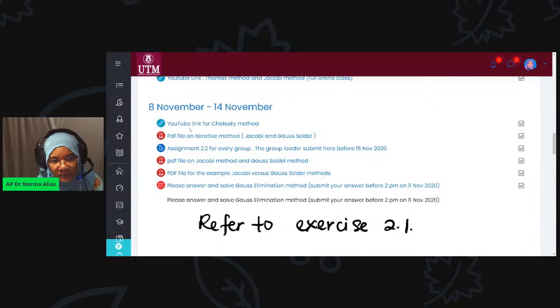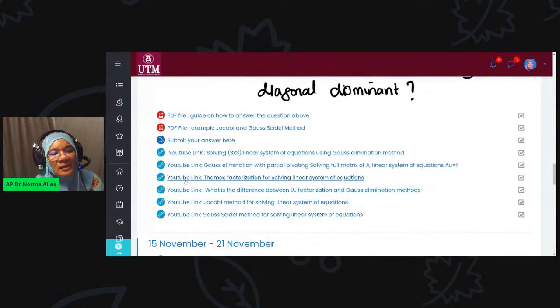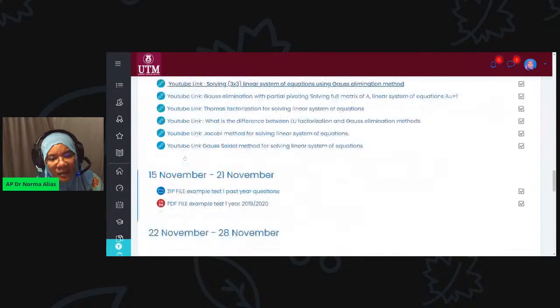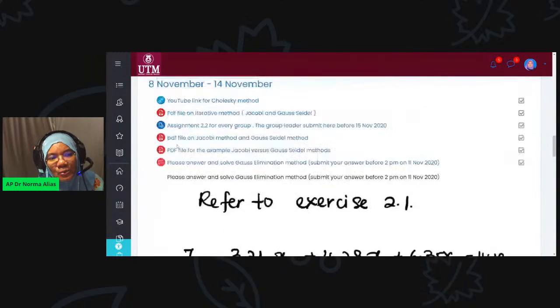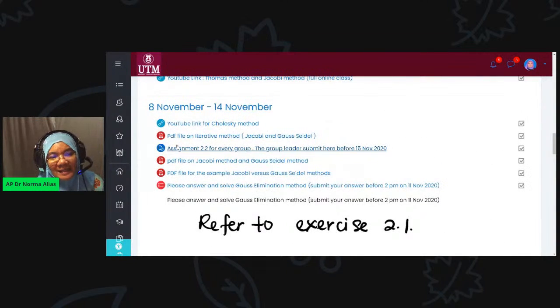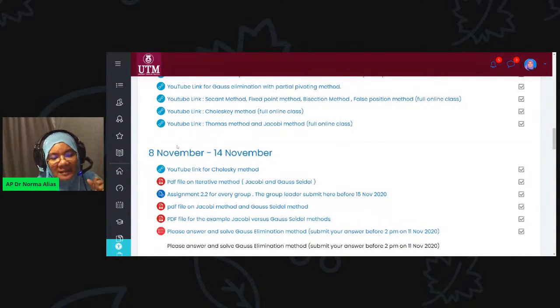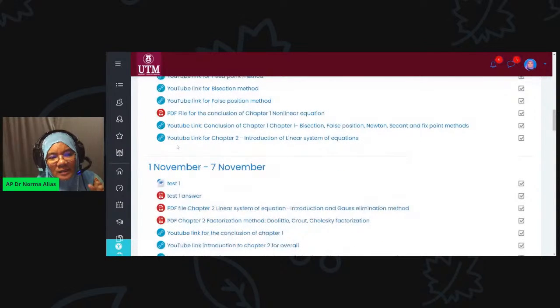You go to YouTube. You go to the PDF file. You go to the zip file. You go to the YouTube link, and then you can get my subject, whichever subject you want. But I put what you get, PDF file or zip file. This one, you get a zip file, because there are so many test ones. You go to the PDF file. So I put the type of data, whether link, zip file, PDF file or DOC file.